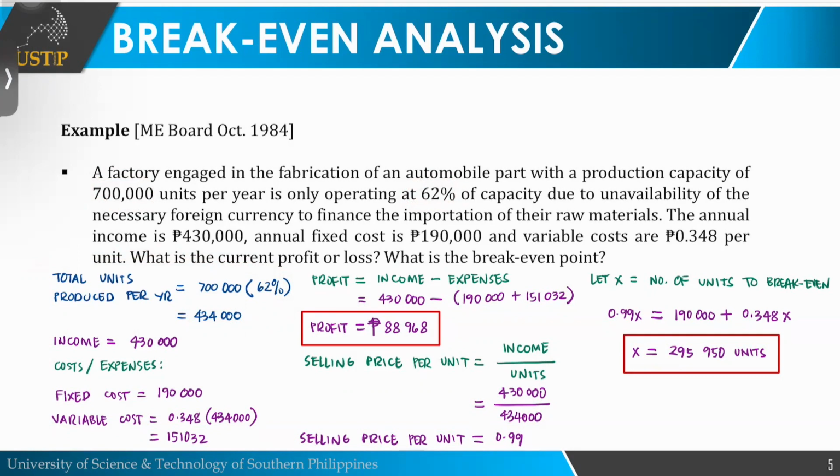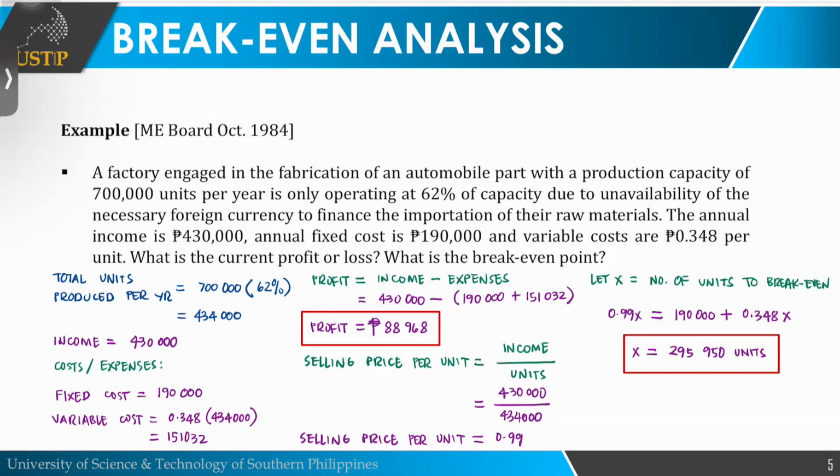Okay, so then we identify the income and the expenses, class. It says here the annual income is 430,000. So we have here the income. For the expenses, we have the fixed cost, which is 190,000. Then the variable costs are 0.348 pesos per unit.